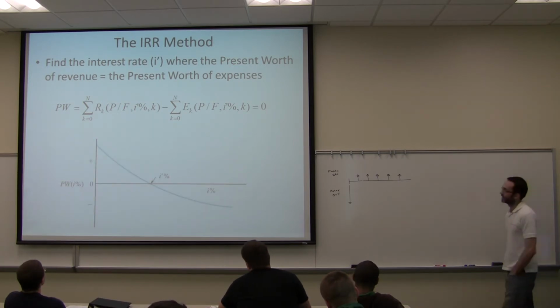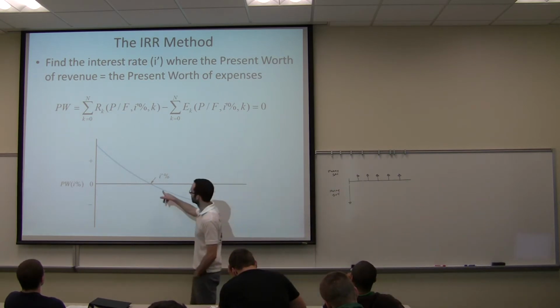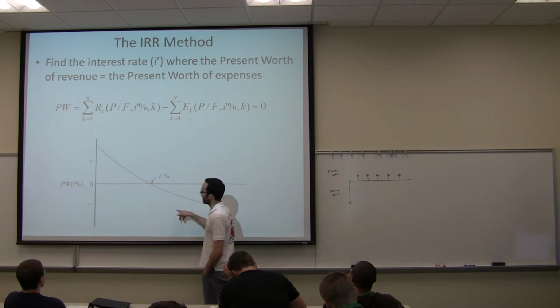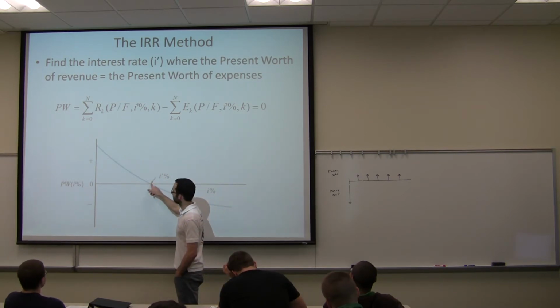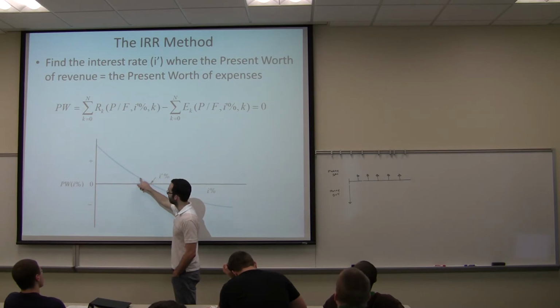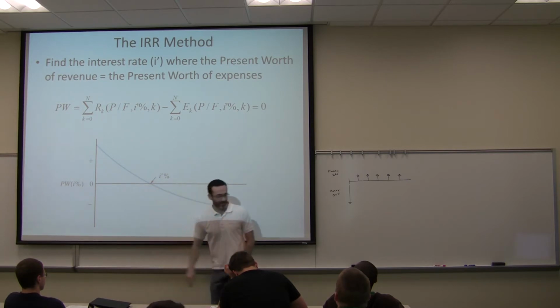So i prime here means an unknown interest rate. What is the interest rate that causes these things to be in balance? And if we have an interest rate that's less than the internal rate of return, then we'd have a positive present worth at the end. Or if the interest rate is larger, then we'd have a negative.